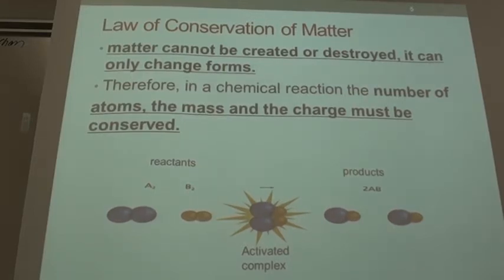We're talking about the law of conservation of energy as well. Okay, ladies and gentlemen.